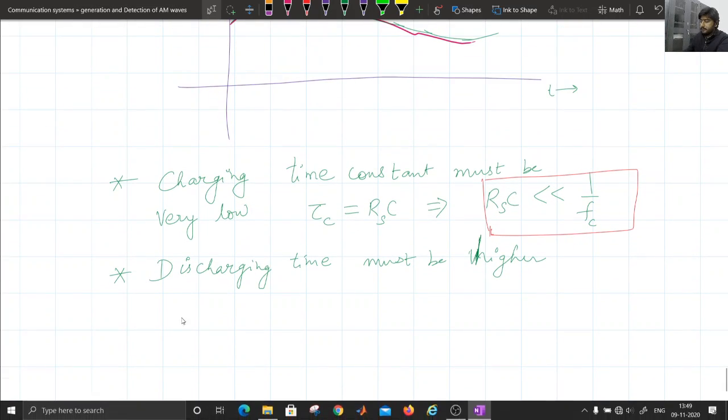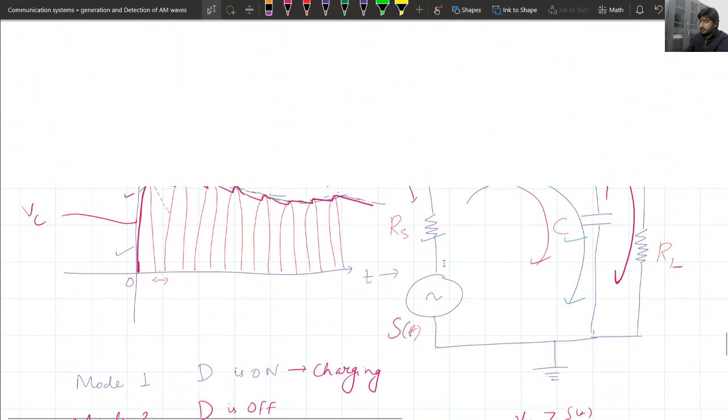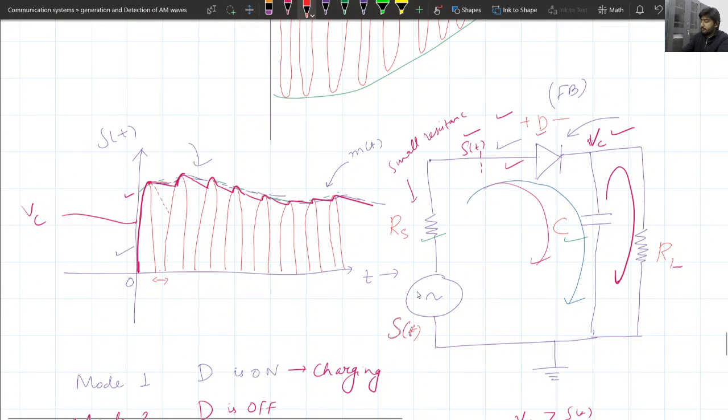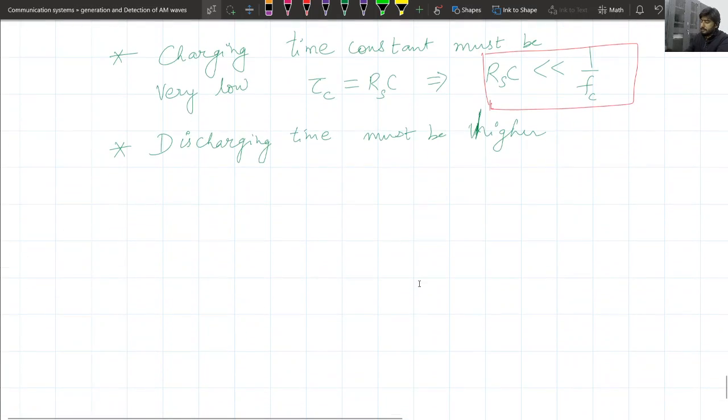Now during the discharging, it is done through the resistance RL. Then the discharging time constant is RL into C.